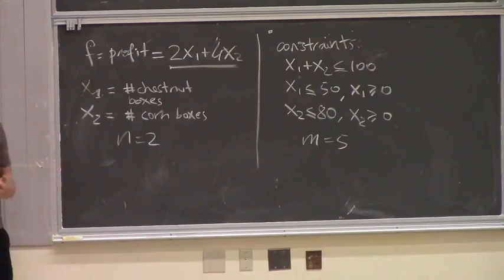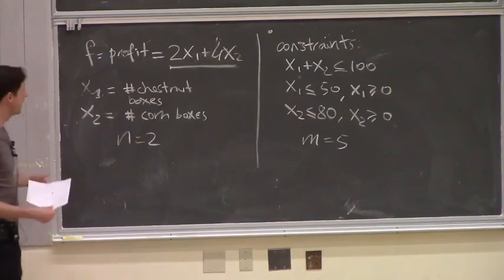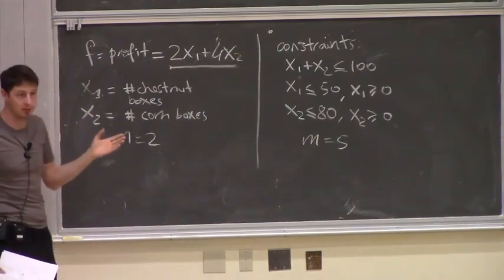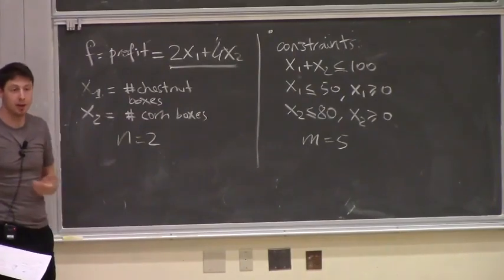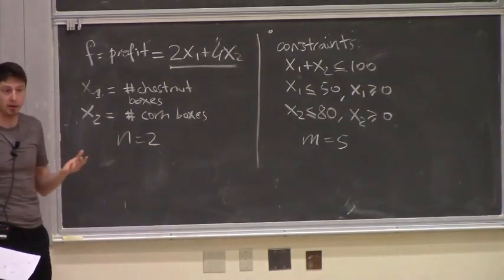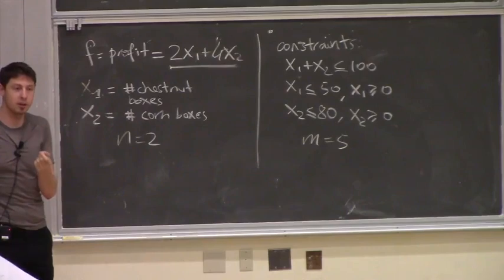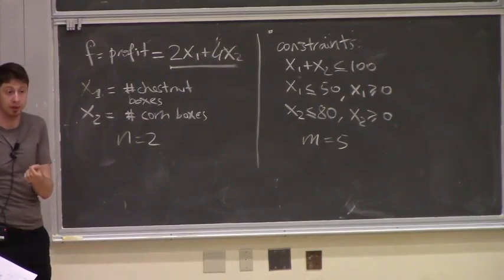We're interested in getting the answer, right? So we want to know, among all the choices of x1 and x2 that satisfy the constraints, which one is best. Okay? Now, because here we have a small number of variables and a small number of constraints, we can actually try to draw this, because each choice of x1 and x2 we can think about as a point on the plane.